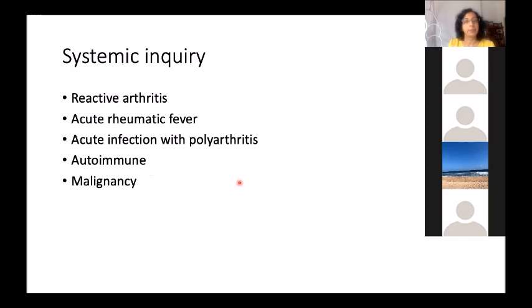Okay. Then your systemic inquiry focuses on the differential diagnosis. Now, what are you going to ask to elicit whether she had reactive arthritis? So what will you ask from the child or the mother to find out whether this is a possible reactive arthritis? Tell me one or two questions that you will ask.